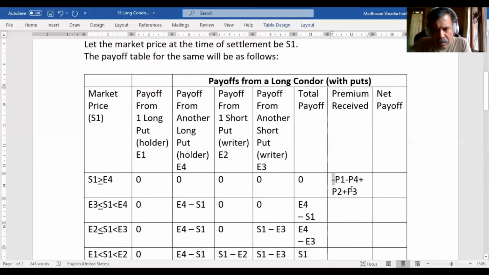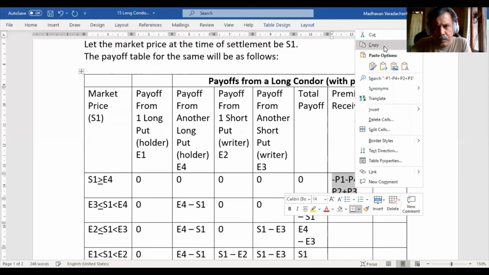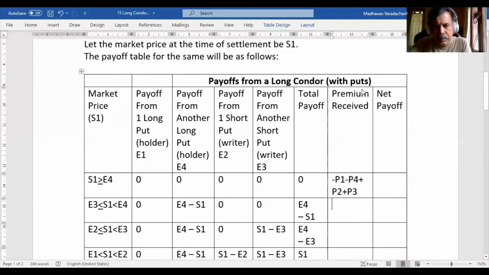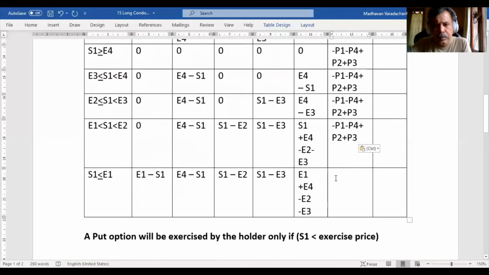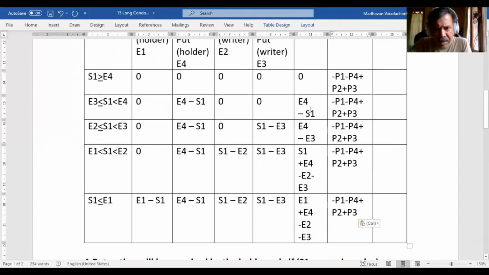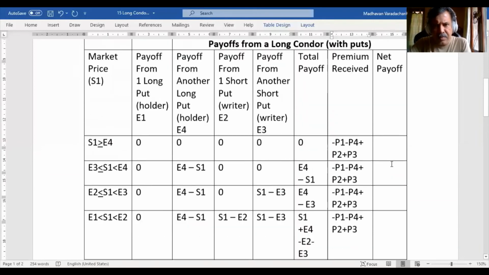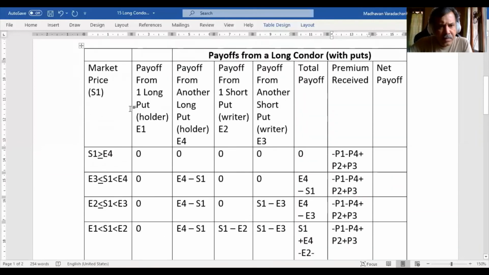So I can copy this to all. So where all S1 is coming in two places, here it is coming, here it is coming. First of all, let me write this. First column, second column, third column, fourth column, fifth column. This is sixth column. This is seventh column. So this is actually 6 plus 7. So let me put details there.